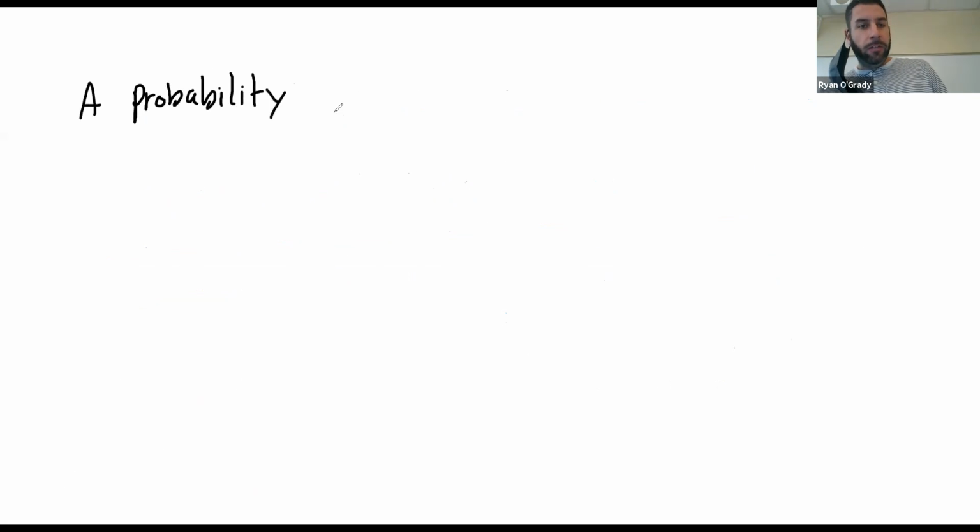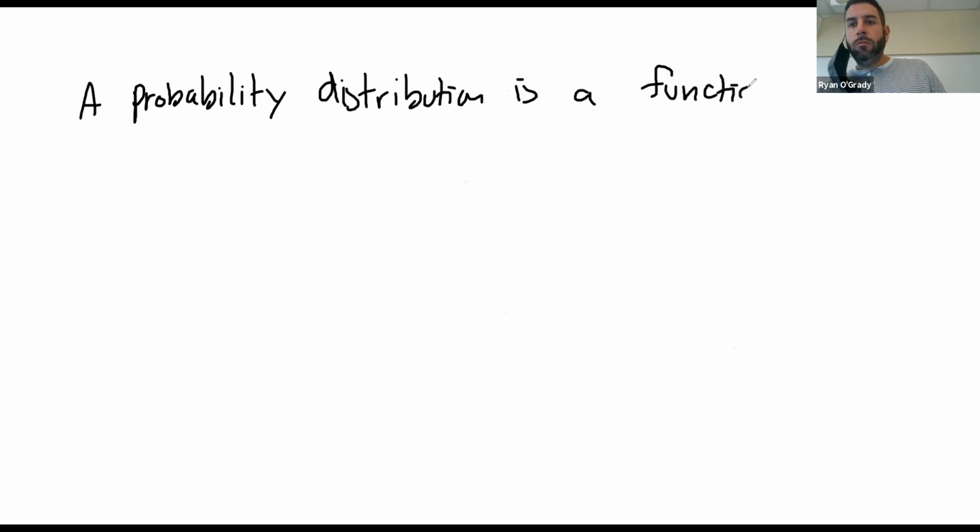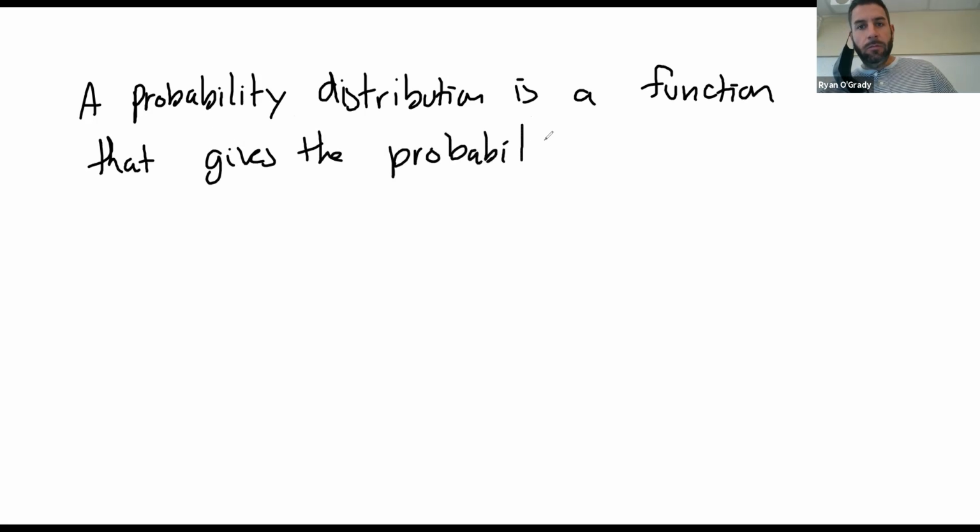So we have the word function again, that gives the probabilities of different outcomes.